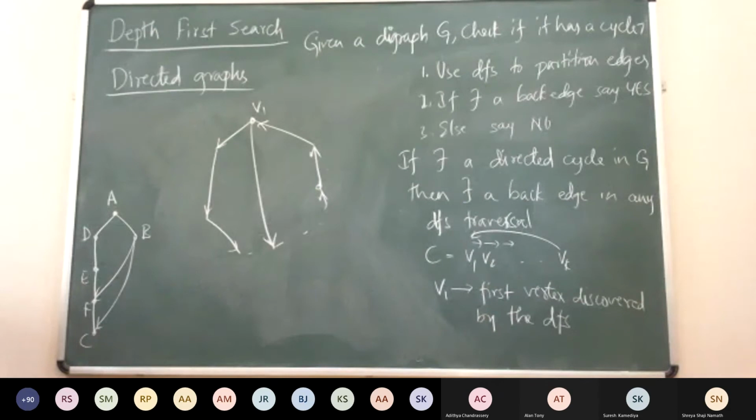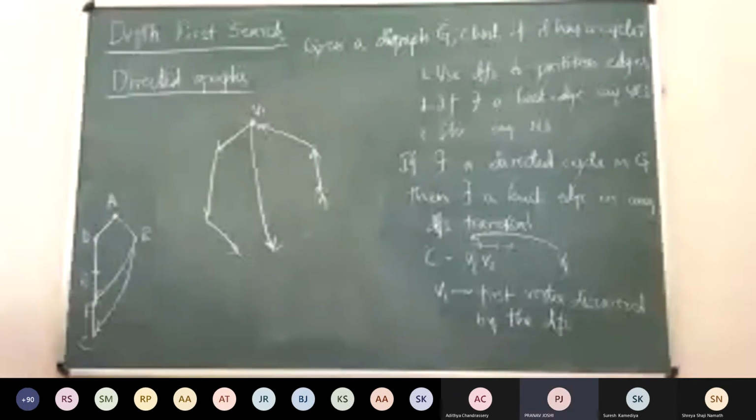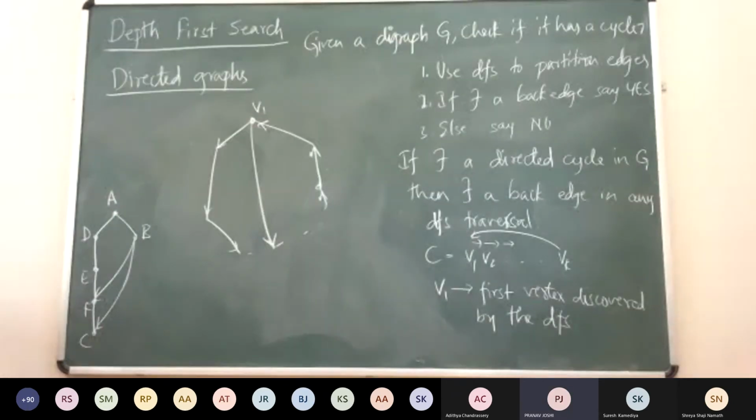So we may or may not use any of these edges in the cycle to discover these vertices, because there are many other edges in the graph, right? If we start from V1, then all the rest of the vertices of the cycle will get discovered after V1 only, no? They will be discovered after V1.